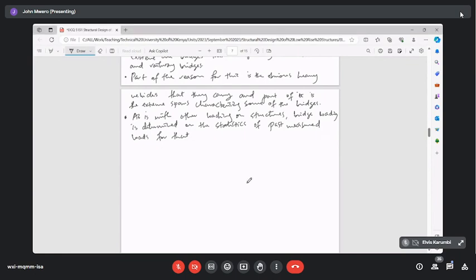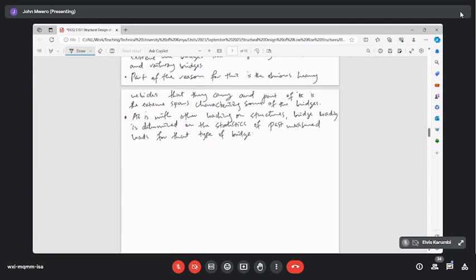So we were saying, as is with other loadings of structures, bridge loading is determined on the statistics of past measured loads for that type of bridge. So let's say we are building a bridge for a class A road, Mombasa Road, for example.